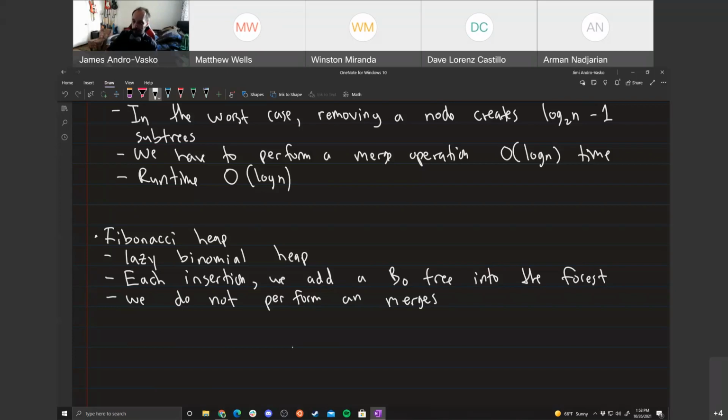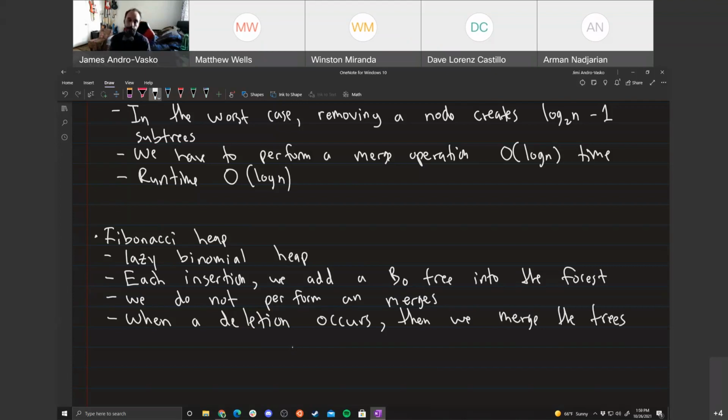And then when a deletion occurs, we merge trees. So on a deletion, we have to do all that merging. But we only have to do it on deletions.